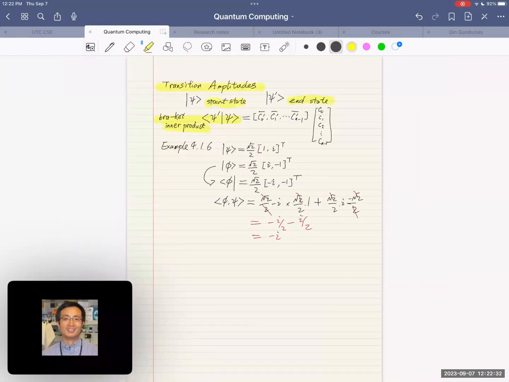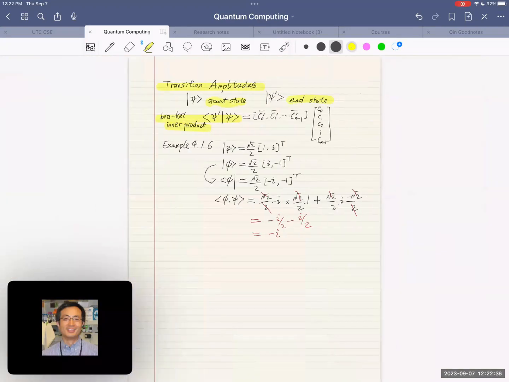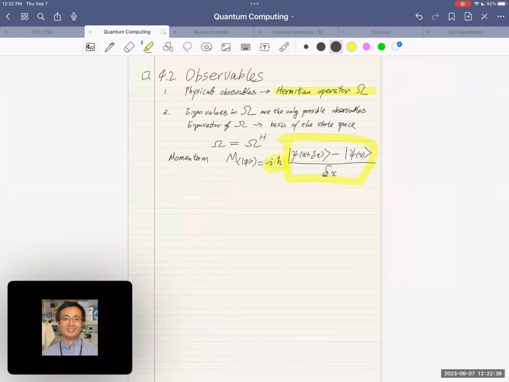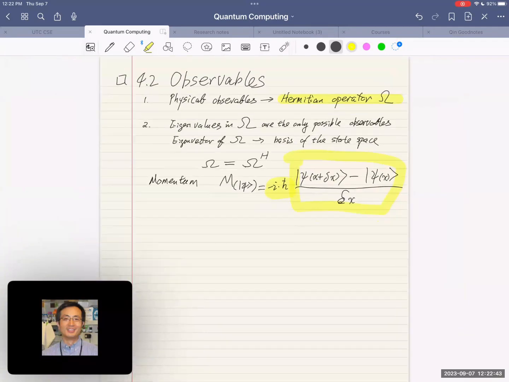Okay, so that's what we covered last time, and this time we are going to focus on the observable. Those are just some things very smart people have already proved or figured out. A physical observable is described by a Hermitian operator, let's say omega. The eigenvalues of omega are the only possible observables, and the eigenvectors of omega form the basis of the state space.